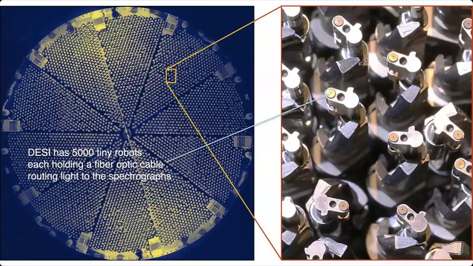But our accuracy of being able to place these things and hold them on location, so this is about 100 microns across, 107 microns, we can get these to 5 microns and hold them there. So, a small fraction of the size of that tiny thing on this gigantic telescope. But that's what we need to be capturing those photons of light that have been coming across the universe to us for 10 billion years, so that we can then read out the data and send it to NERSC.